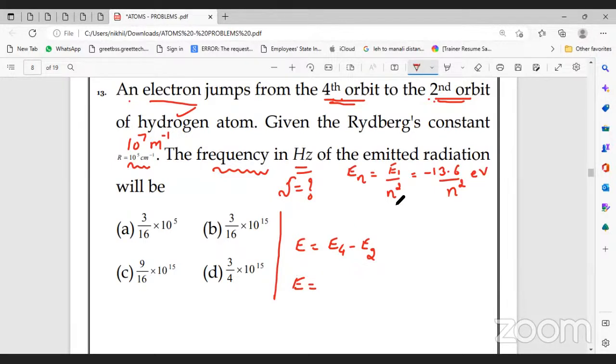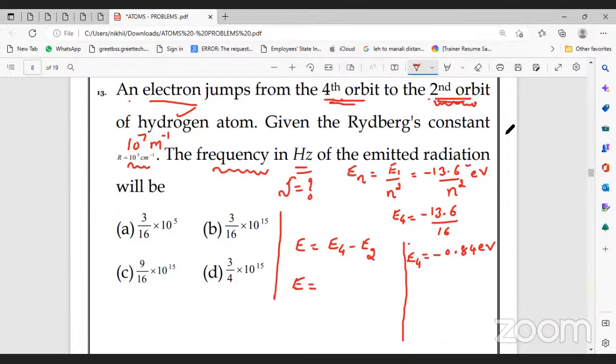So how to find the energy in the fourth orbit then? It is minus 13.6 divided by n squared, that is 4 squared, 16. That is minus 0.84 electron volt. This is the energy in the fourth orbit. Now, you want the energy in the second orbit also.